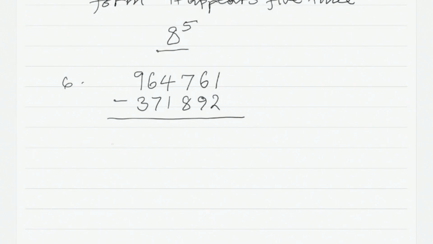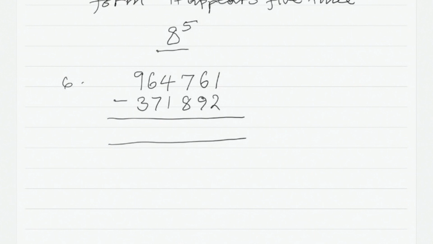These are some of the questions which can earn you a lot of marks because they are giveaway questions to test how much you have grasped the subtraction and addition of figures.